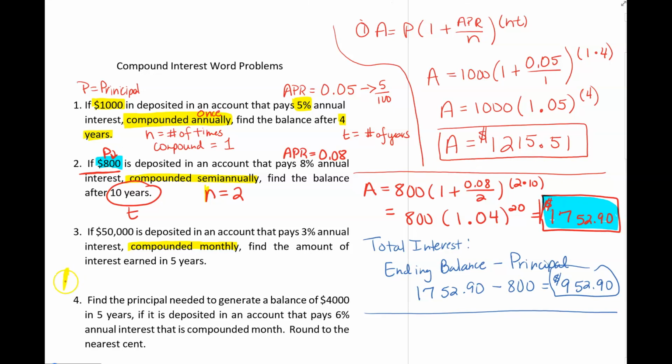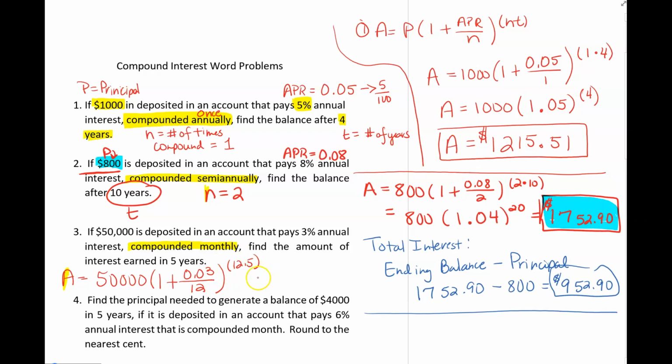A is equal to 50,000 for number 3 times 1 plus 0.03 divided by 12 raised to the 12 times 5.